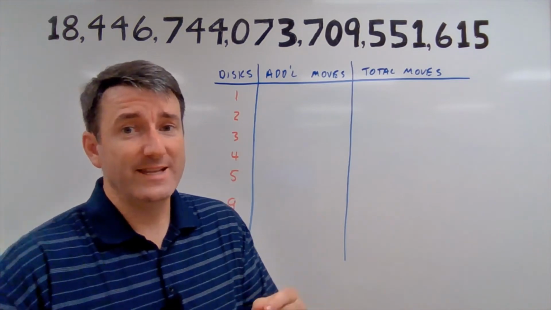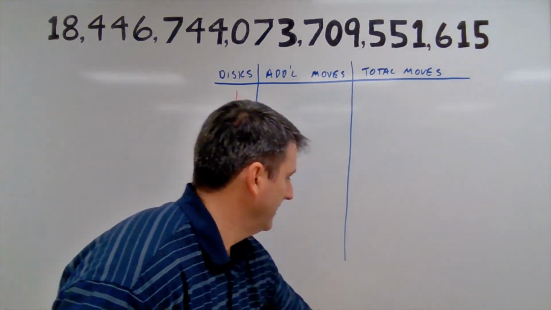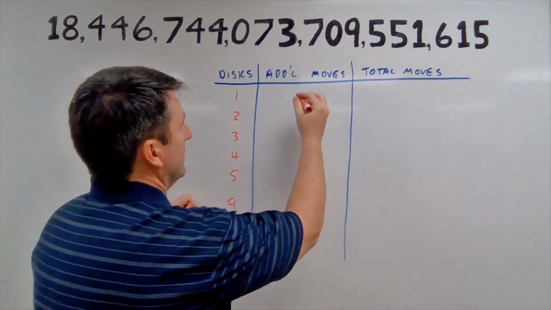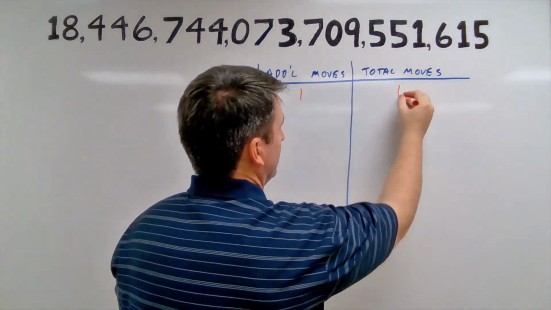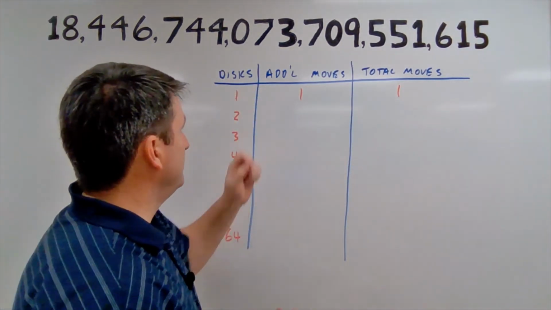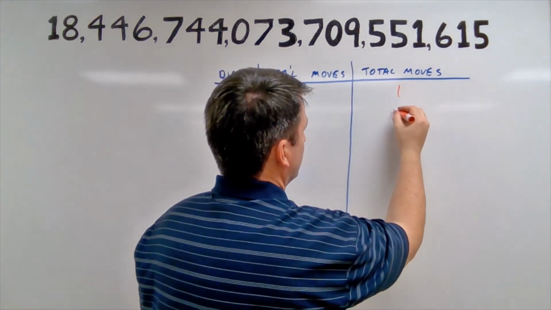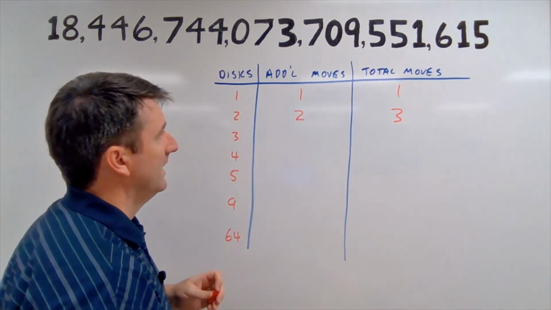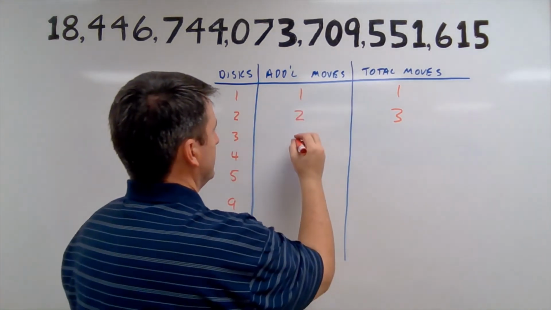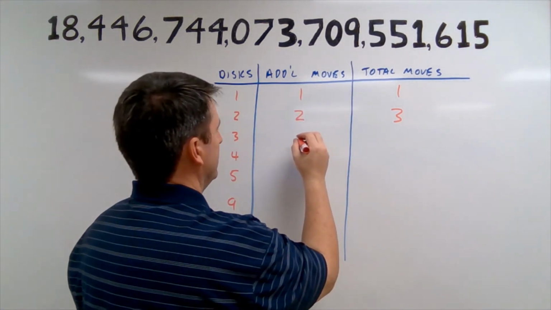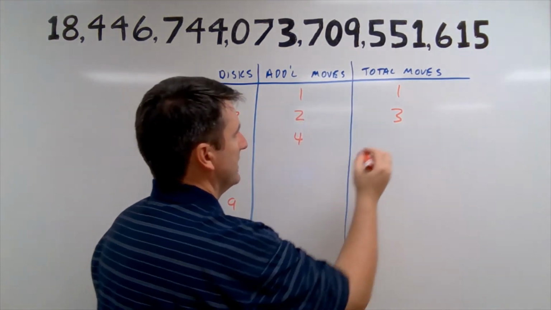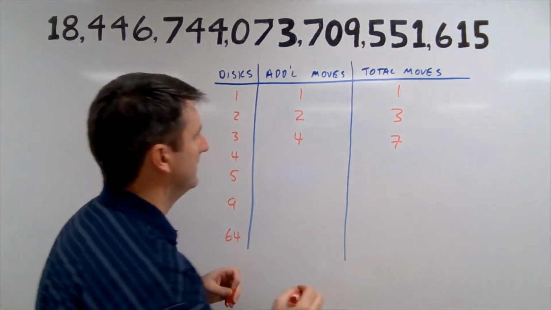All right, so we said that to move one disk took us one move for a total of one move. Two disks took us two additional moves for a total of three moves. Three disks took us an additional four moves for a total of seven moves.